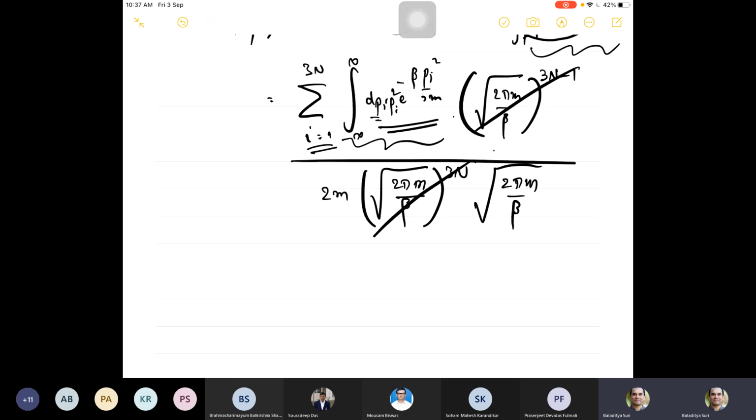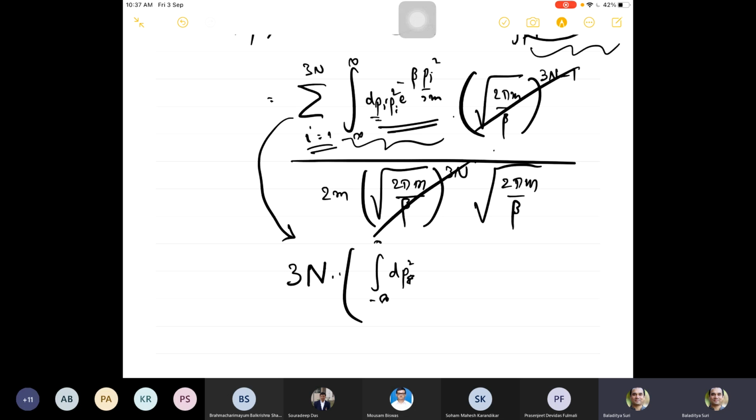So we now have this numerator simply becomes capital 3n, meaning 3 capital N, multiplied by the value of this integral, integral minus infinity to infinity dp p squared.